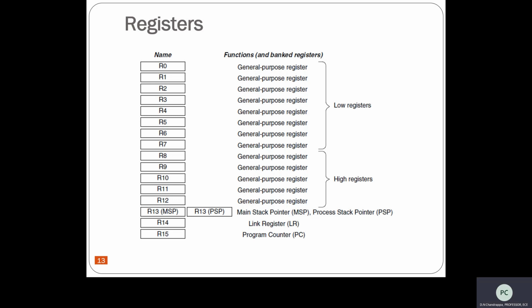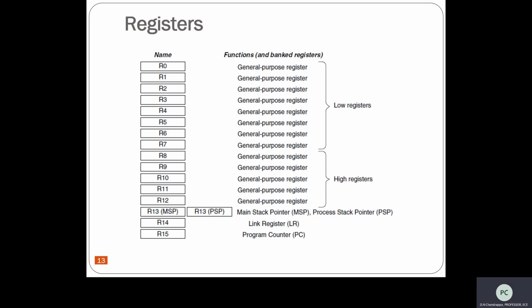So totally 13 registers are general purpose registers, and R13 is called the stack pointer. Of the 32 bits, one is called the main stack pointer, another is called the process stack pointer, and R14 is the link register and R15 is the program counter register.